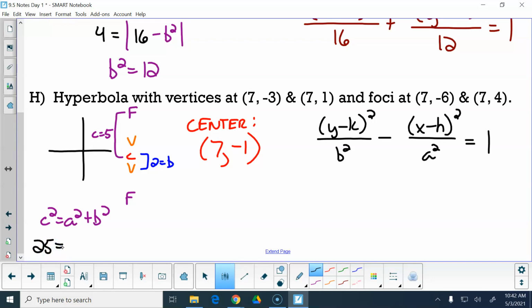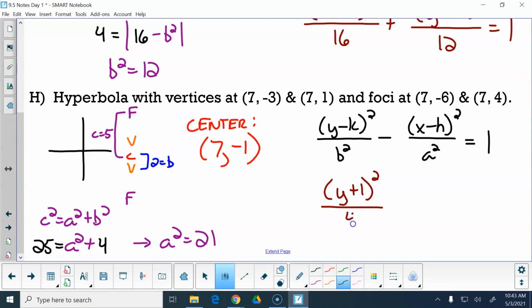If we don't know what A squared is, because B is 2, so that would mean this would be plus 4. So I've got A squared here being 21. Y plus 1 quantity squared over 4 minus x minus 7 quantity squared all over 21 equals. Yes?